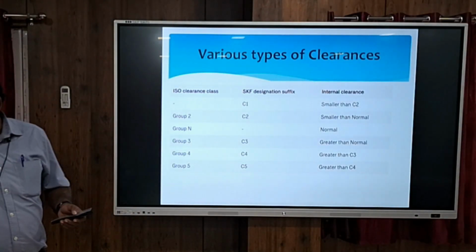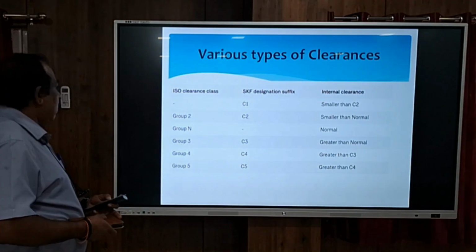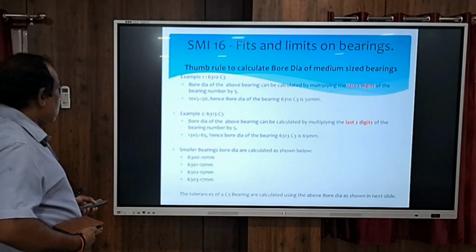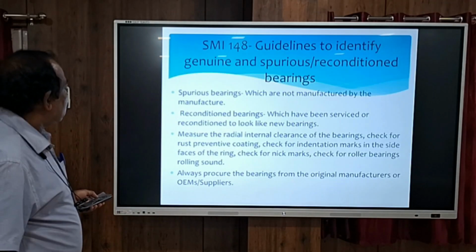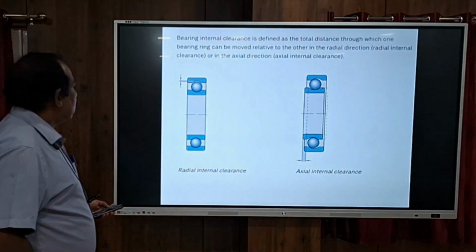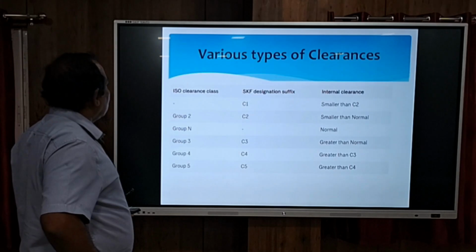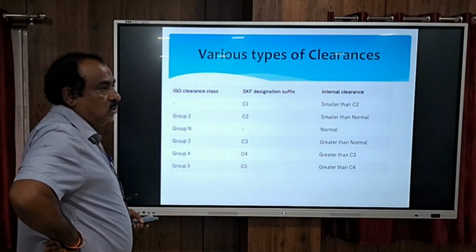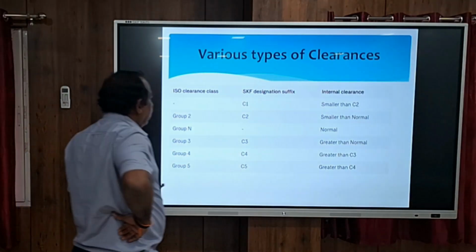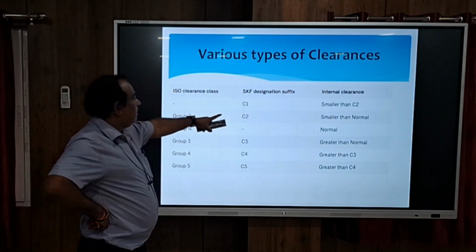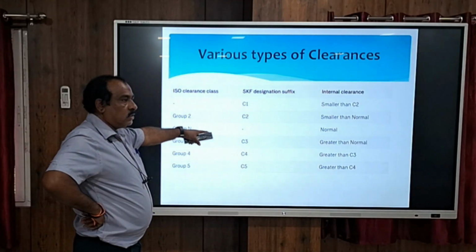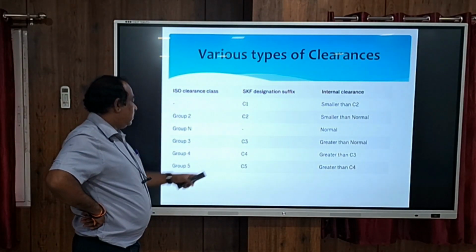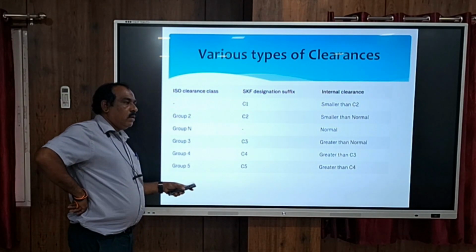Various types of clearances are used in the bearing, sir. Mainly, it consists of C1, C2, and normal clearance. Then comes C3, then C4 and C5.